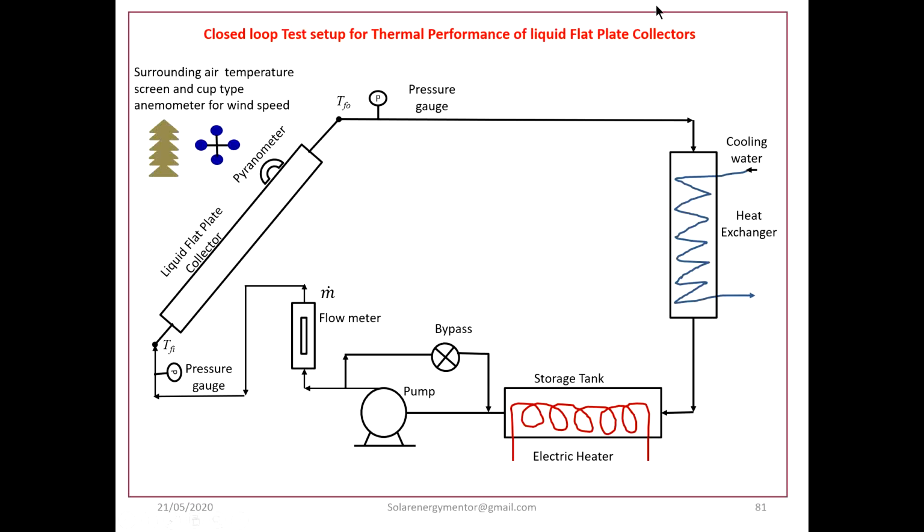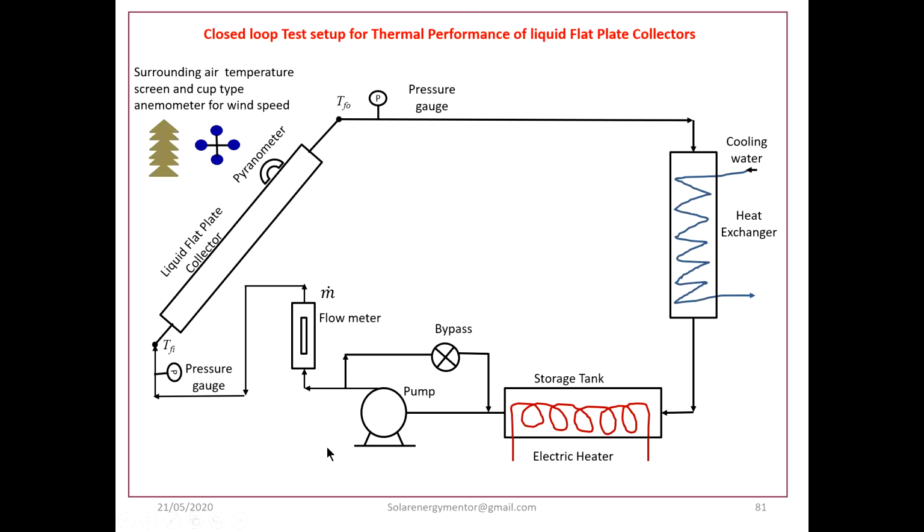So this is a closed loop, and the heat transfer fluid is circulated. This heat transfer fluid may often be water, but it can be any fluid, maybe any oil; heat transfer oil can also be used in this circuit. The circuit is a closed circuit, so there is no outlet for the heat transfer fluid to come out.